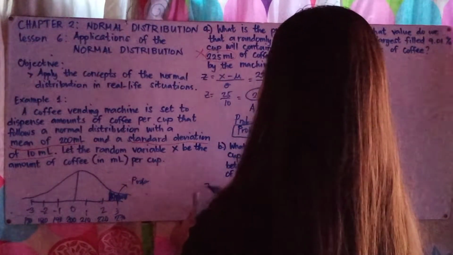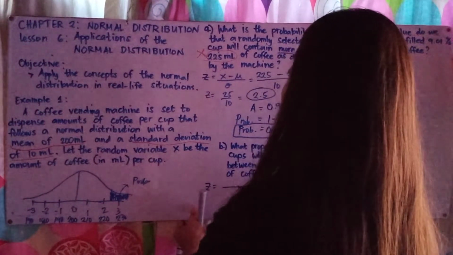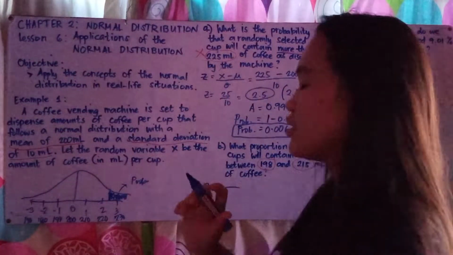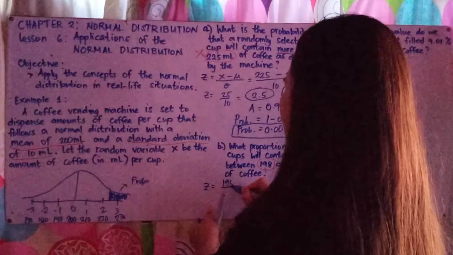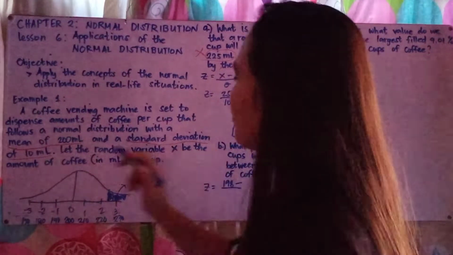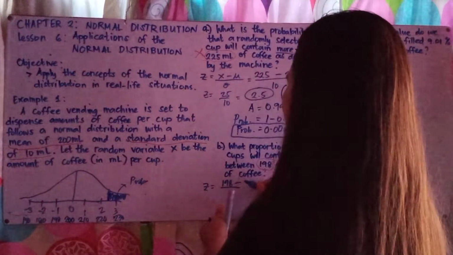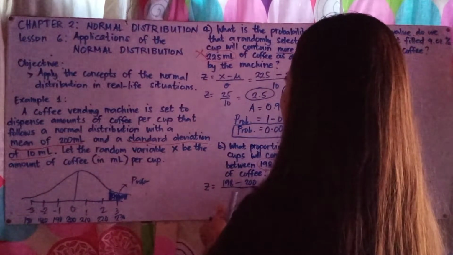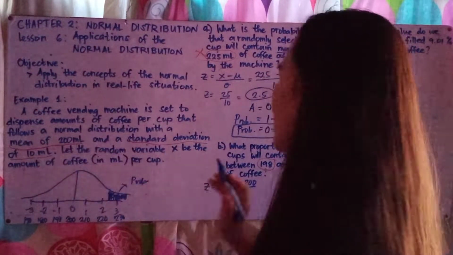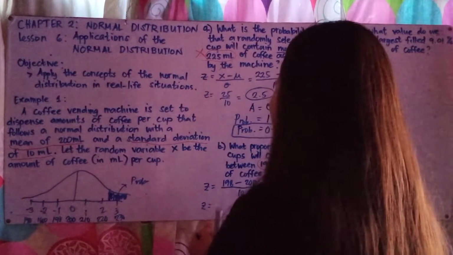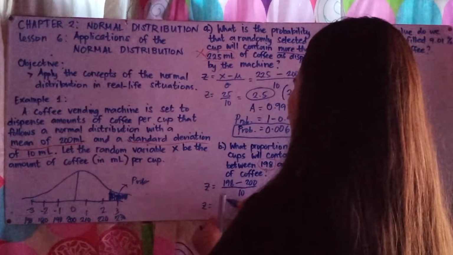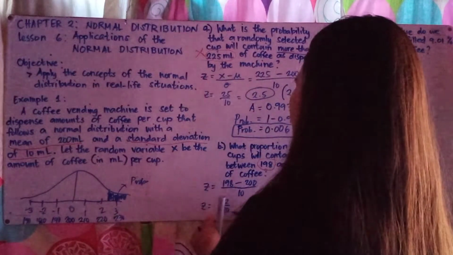So z equals x minus the mean. For 198, minus the given mean of 200, then the standard deviation is 10. So z equals negative 2 over 10.